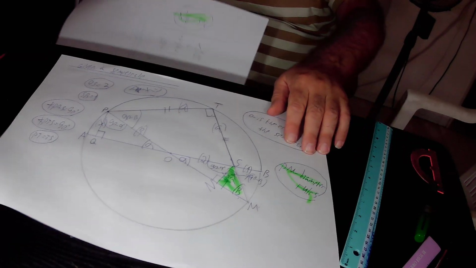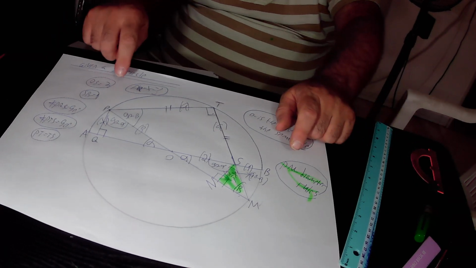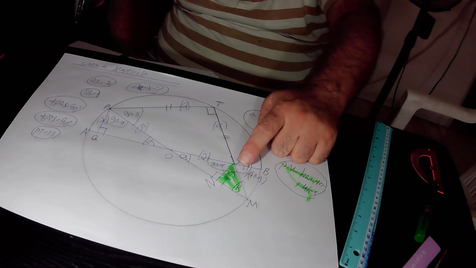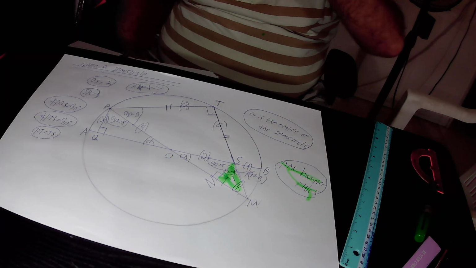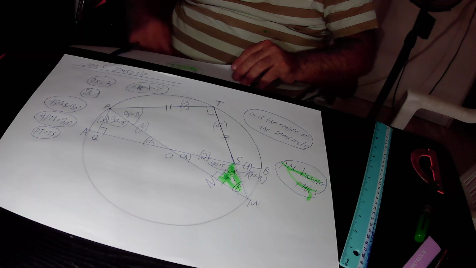And from the fact that the big right triangle PTM is similar to this small right triangle SNM, we derive that the following relationship exists between their sides.